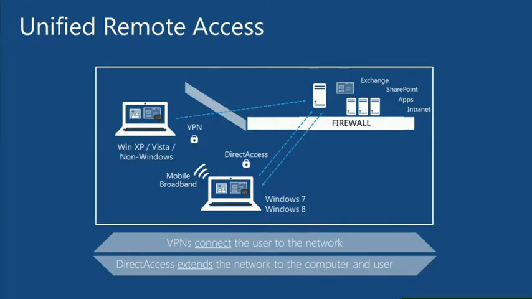With VPN, the experience is more of an on-demand experience. Typically, the end user would initiate a connection back to the corporate network and then get access to all the resources in the network. Whereas with DirectAccess, the connection is seamless, and anytime you're connected to the internet, you're connected to the corpnet.